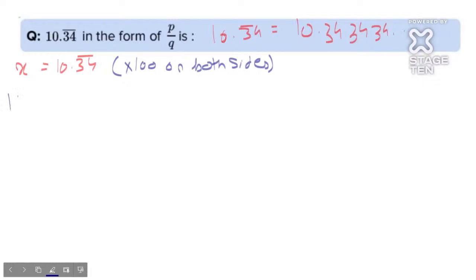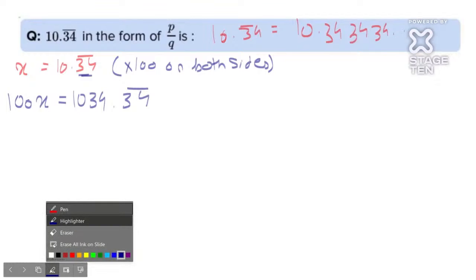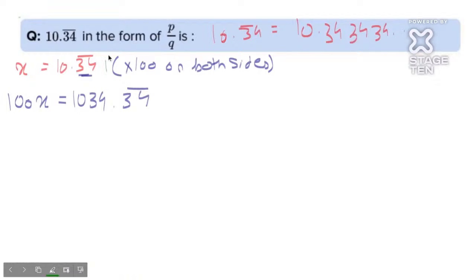So 100 into x gives me 100x. Now if I multiply 10.34 bar by 100, the two digits 3 and 4 move ahead, so it becomes 1034.34 bar. Let's say this is equation number 1 and this is equation number 2.